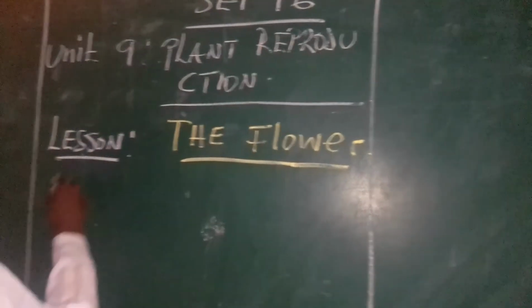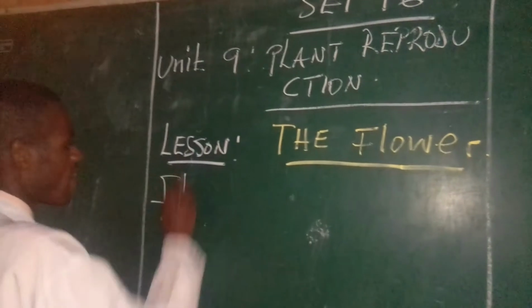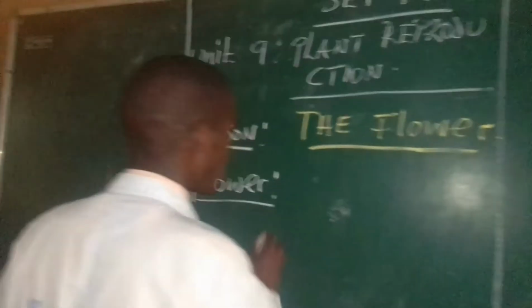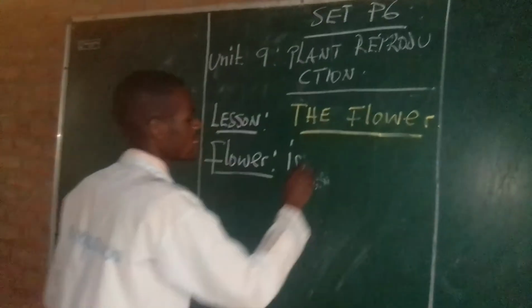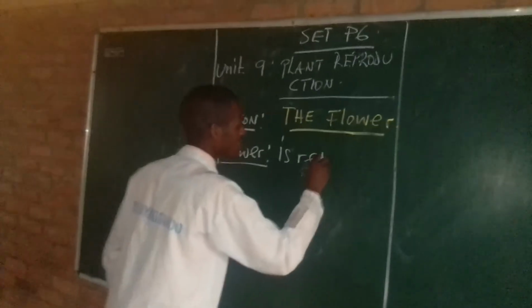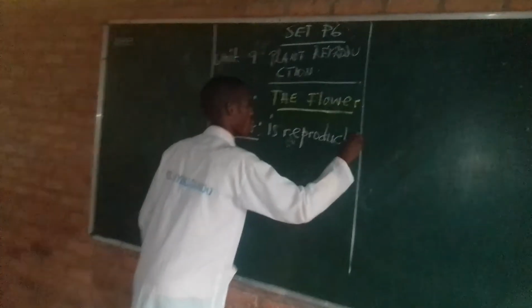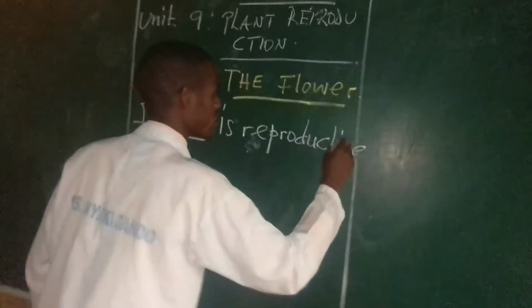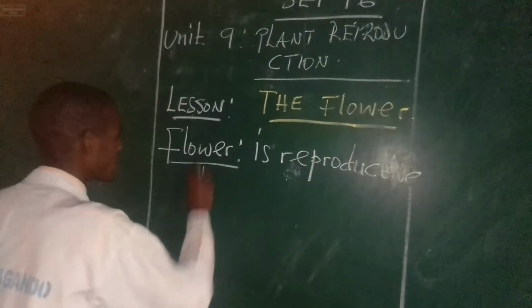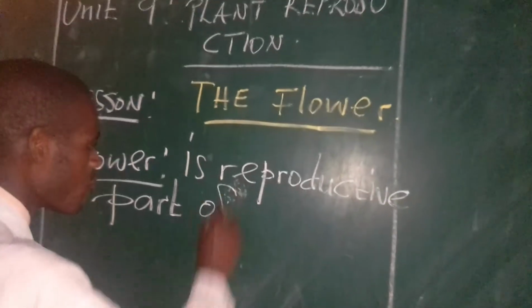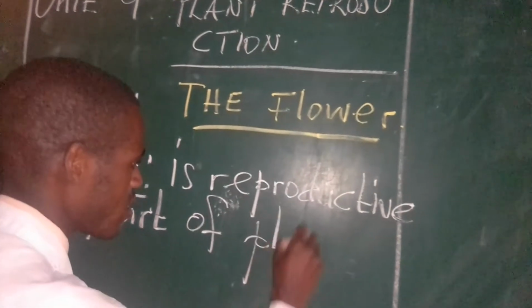The flower is the reproductive part of plants.